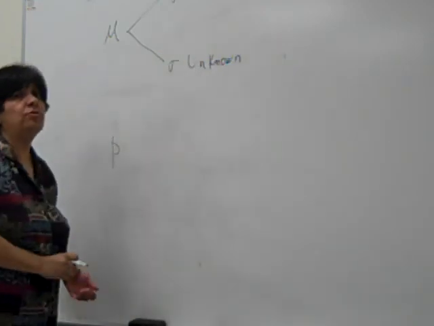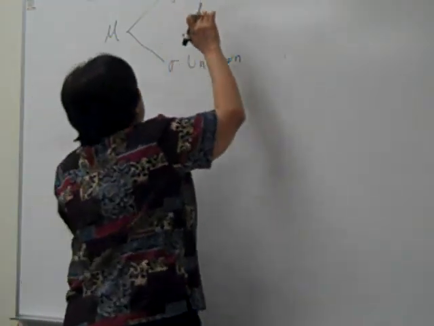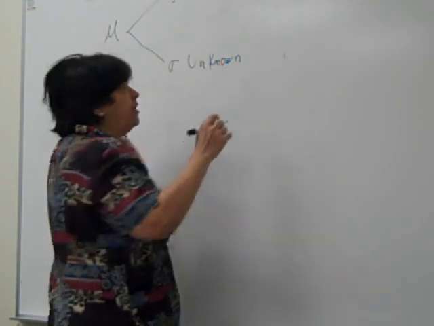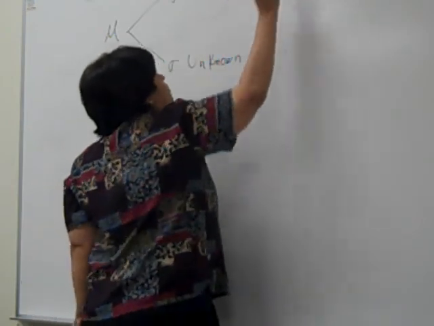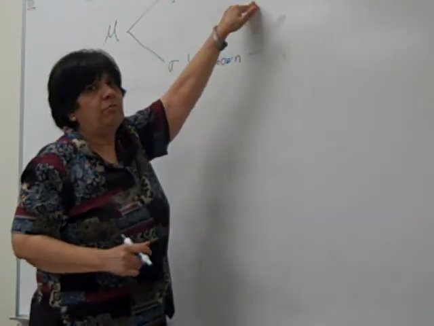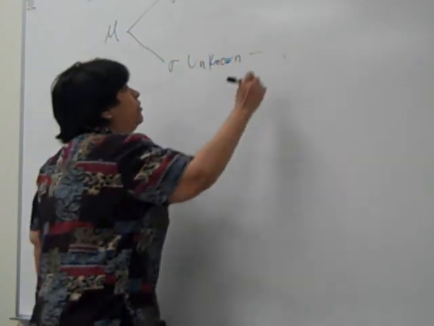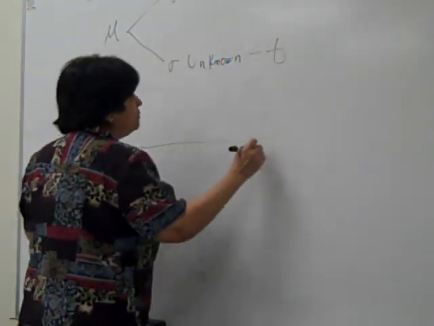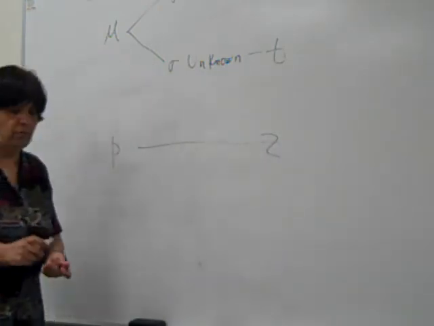This is very similar to confidence intervals. When we do know the standard deviation of the population, we're going to use the standard normal distribution. When we do not know, we're going to use the t-distribution. And for the proportion, we are going to use the standard normal distribution.